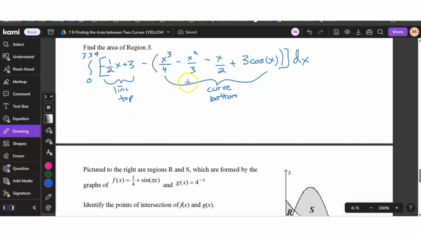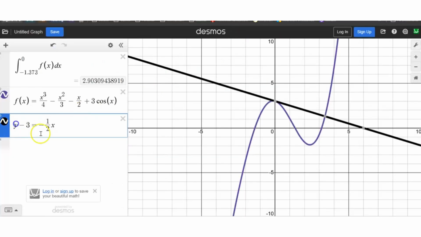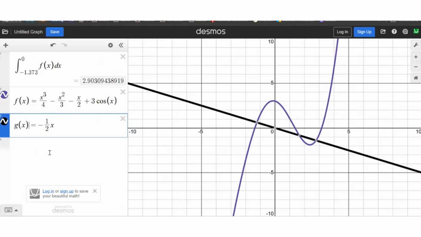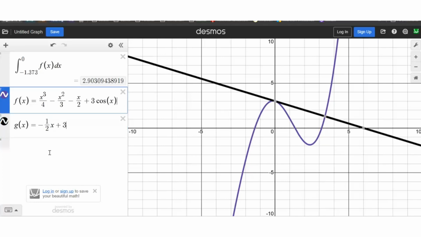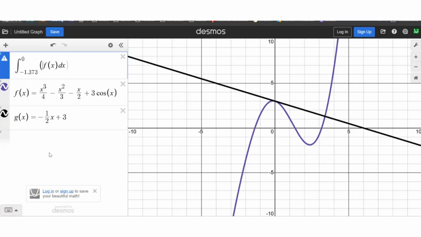Okay, so then I just put that into my calculator. So I can do that really easily here by saying, hey, instead of graphing it this way, we'll say that this is g of x, and it equals negative 1/2 x plus 3, because now when I'm up here, I could just integrate, well, other way around, g of x minus f of x.